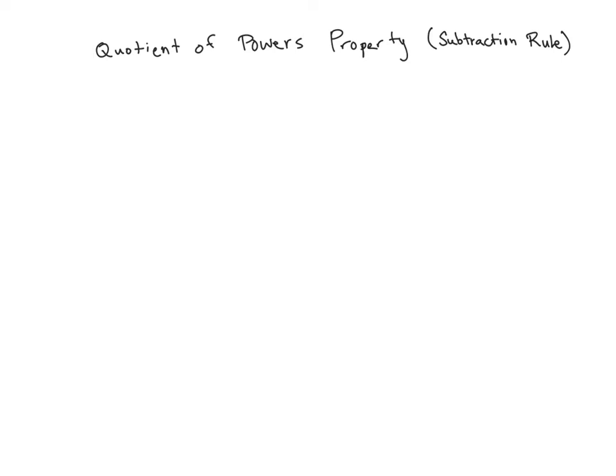Alright, our second rule is called the quotient of powers property. Oftentimes you'll hear that referred to as the subtraction rule for exponents.